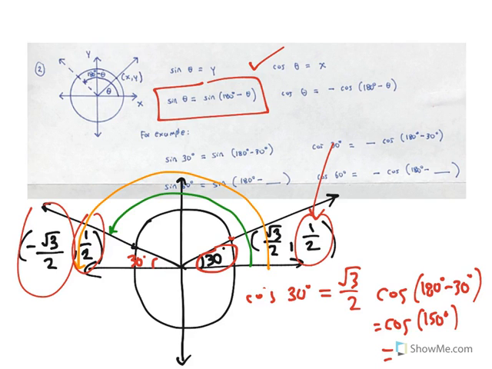Cosine of 150 degrees is negative square root of 3 over 2. So this relationship will be generally true just because of the definition of cosine using the unit circle. Cosine of an angle of rotation theta is equal to the opposite of the cosine of 180 degrees minus theta.